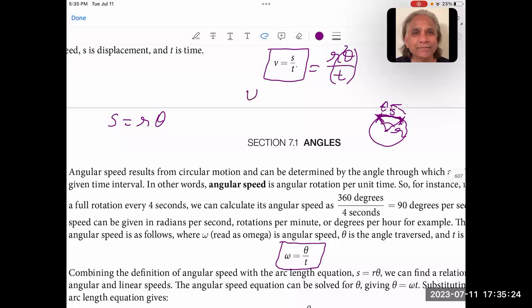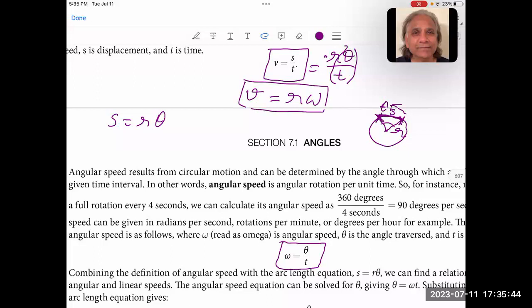So essentially what we are saying is V equals R, this R here, times omega. So this is how linear and angular speed are related to each other.